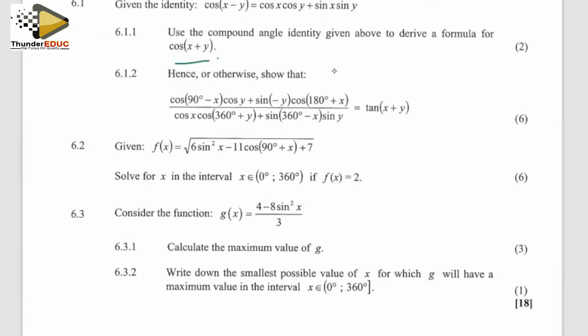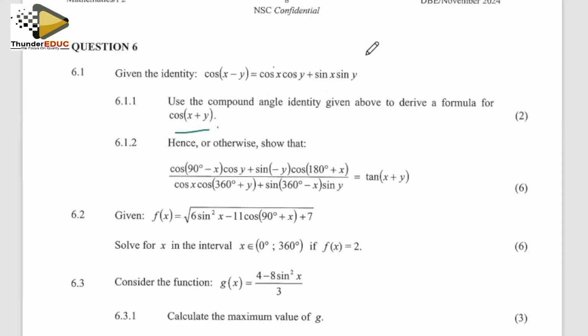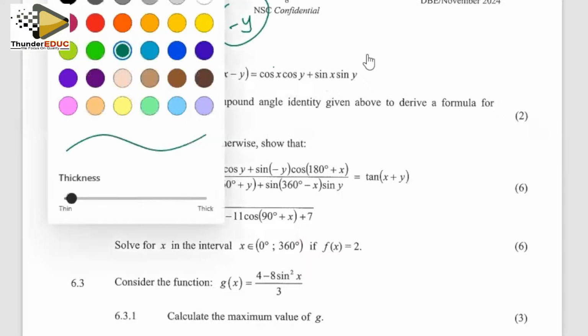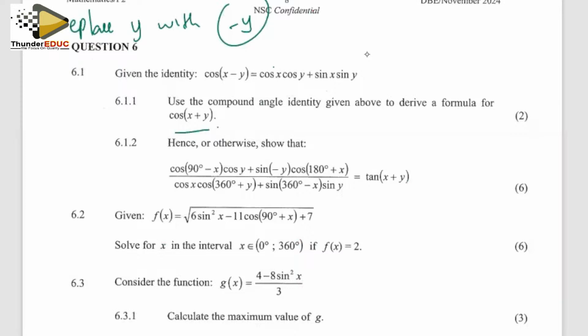So we can use the 90 sort of approach, but we can also use something extra. I'm going to replace positive y with negative y in this expression. That's going to be my first step. Let y be equal to negative y.